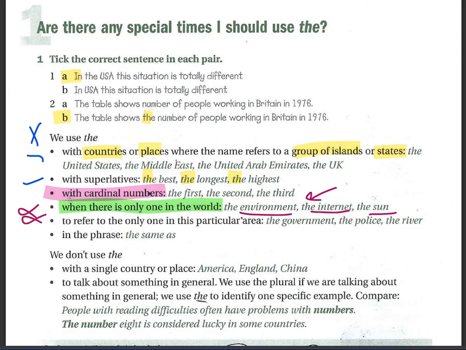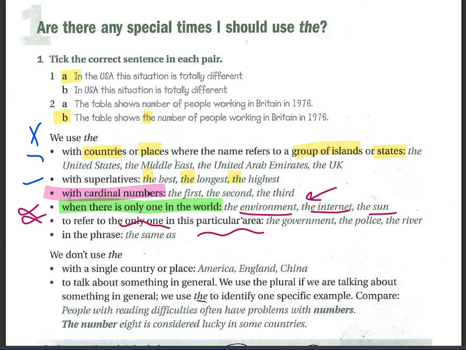And the next one, to refer to the only one in this particular area. The government, the police, the level. So, when you want to mention just one thing in a particular area, for example, you want to talk about the government in your country, yes?